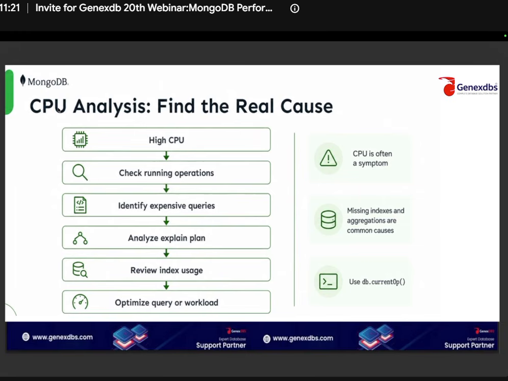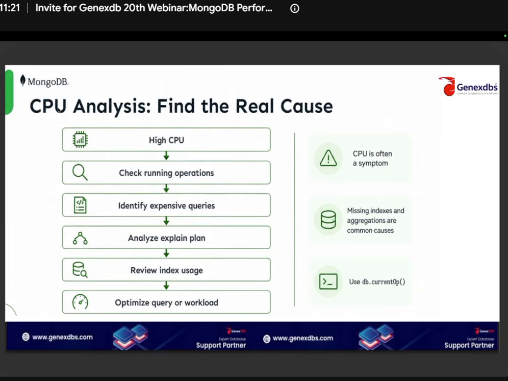For this, we have to use some optimization strategies, like filtering the documents earlier using match, creating indexes that can support the query filter, and reducing unnecessary pipeline stages. These are some of the optimization strategies for reducing high CPU utilization. And here we can see the structured CPU investigation workflow.